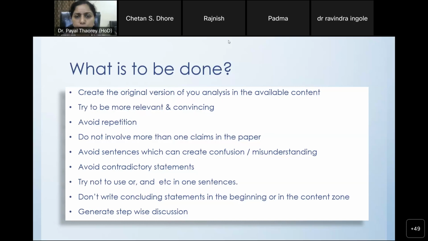Otherwise, there is a problem. Writing needs to be enhanced. Writing needs to be done in a very calculated, organized and structured manner, and then we can say that yes, the paper will get published. Otherwise, there is an issue. We might not get positive feedback.